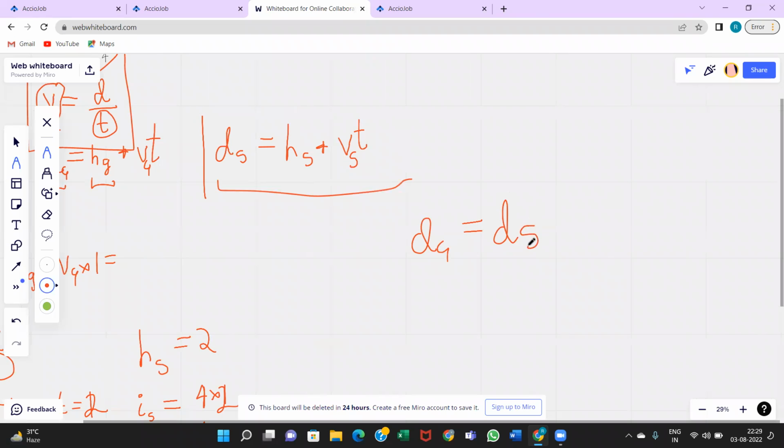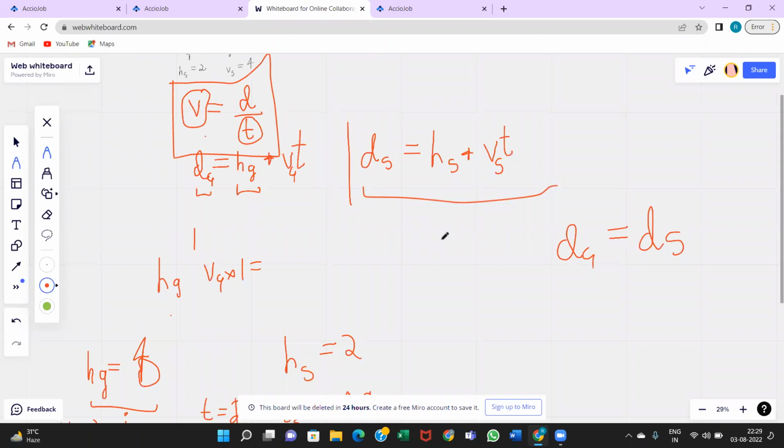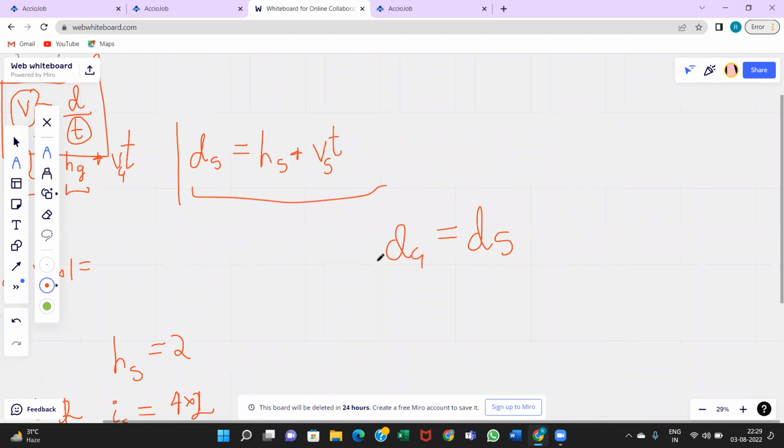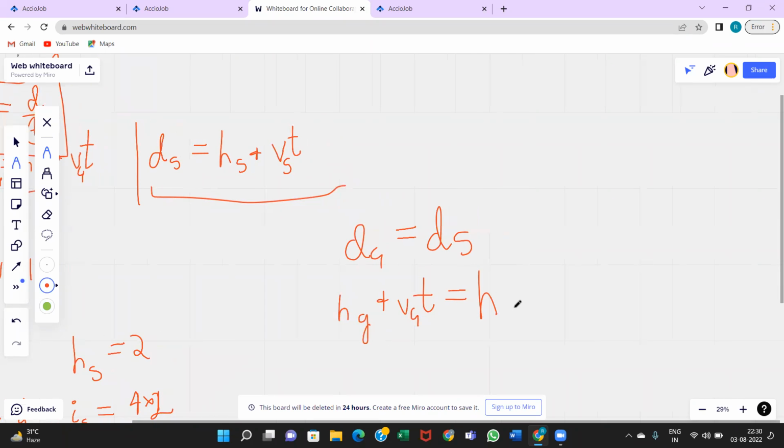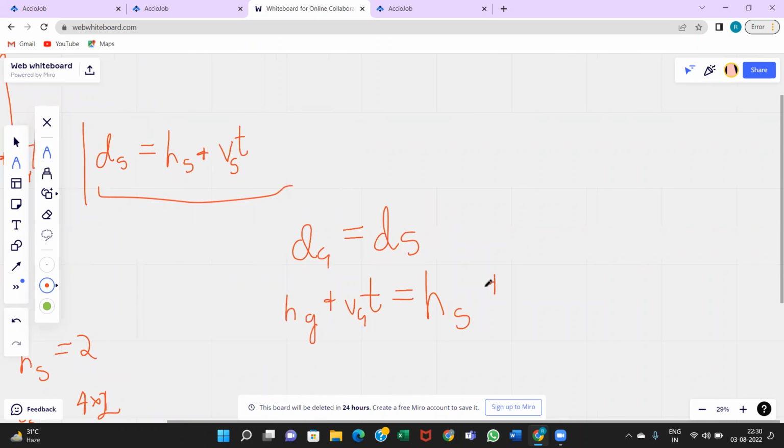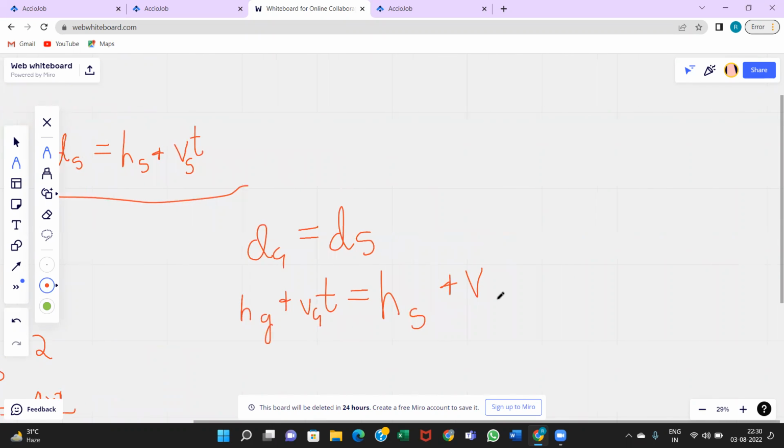So let's try equating it. If I'm equating it and I get an integral value for the time period, then my answer will be true. What I mean is, if I'm equating it, what I get is height of Jian plus vg of t is equal to height of Sunyu plus vs of t, right?